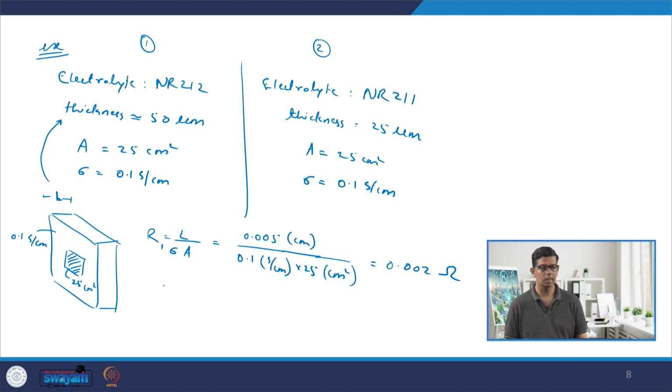This is the first case. What is the case with the second cell? So let's calculate R2, L by sigma A. So L is half of the first one. In the first case we had a thickness of 50 microns. In the second cell it's around 25 microns. So it is 0.0025 centimeter. The conductivity and the areas are the same.